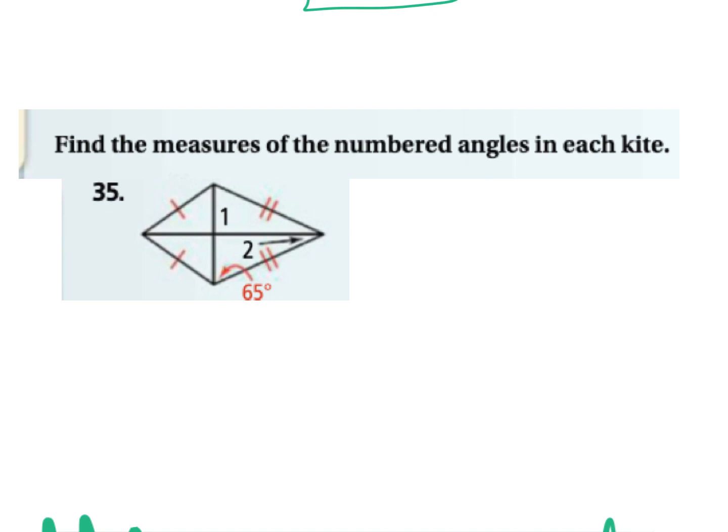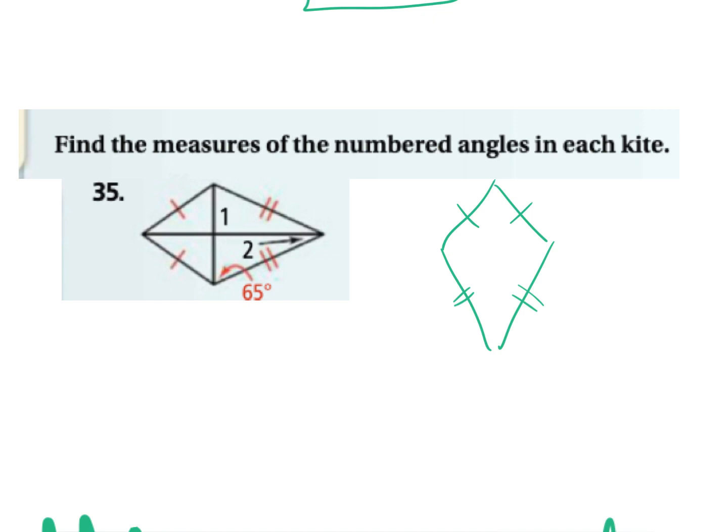Now, there was a theorem that we learned about kites. Do you remember? If you don't have any diagonals, all four angles would add up to 360. If they have the triangles, the triangle would be 180.